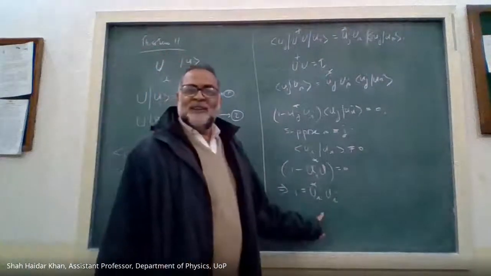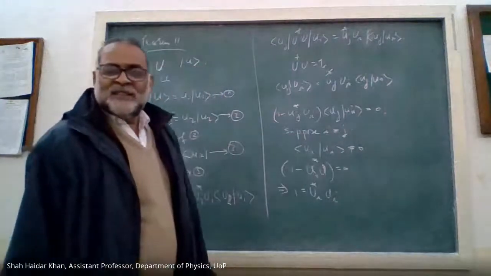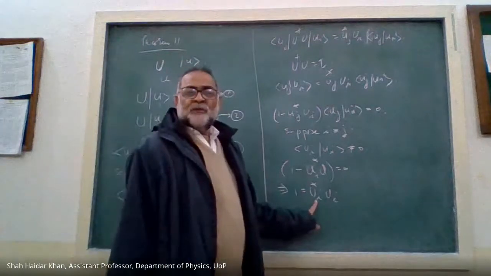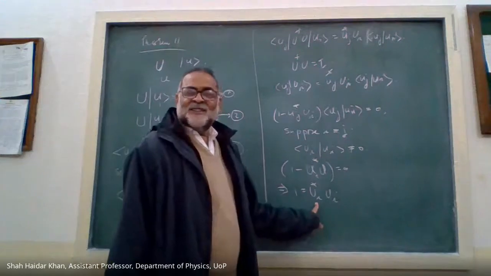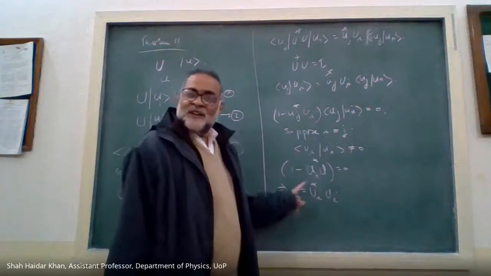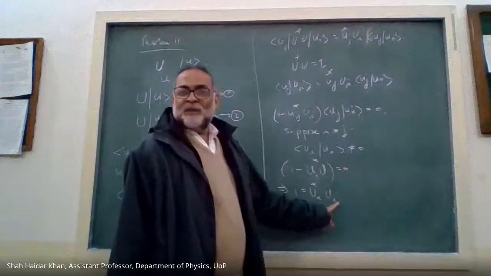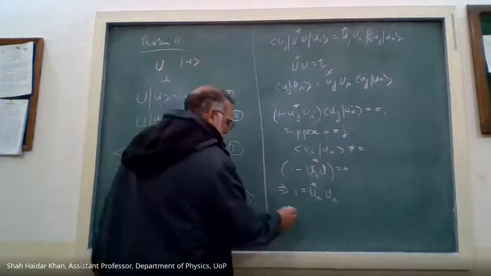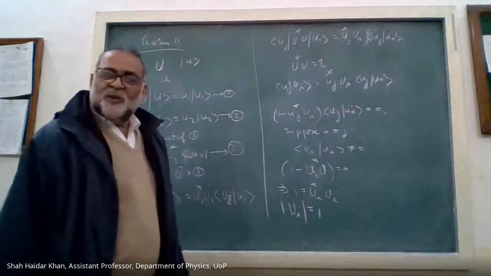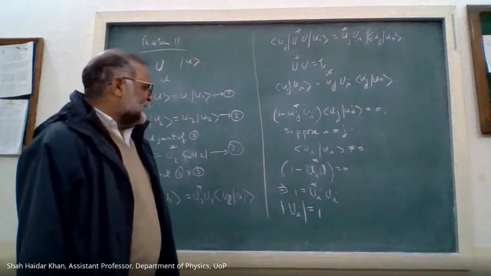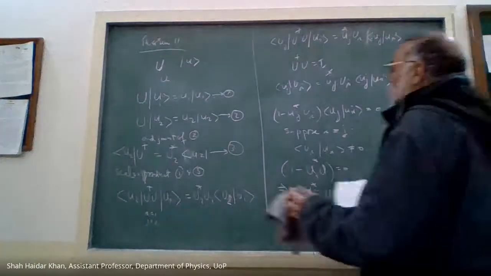So the eigenvalue of a unitary operator is a complex number with modulus 1. That is how the theorem is proved.